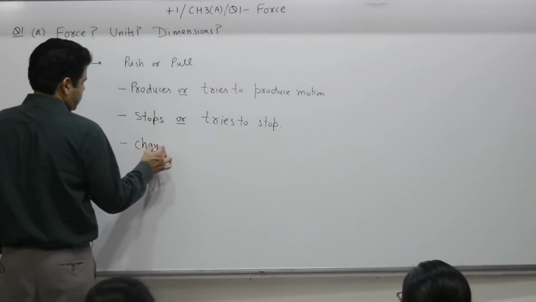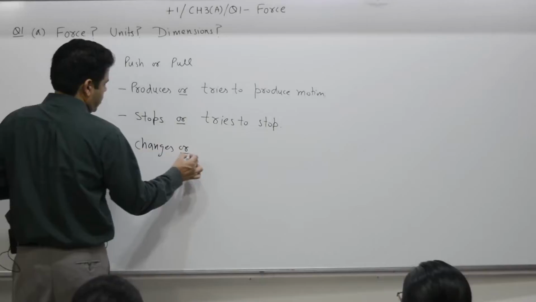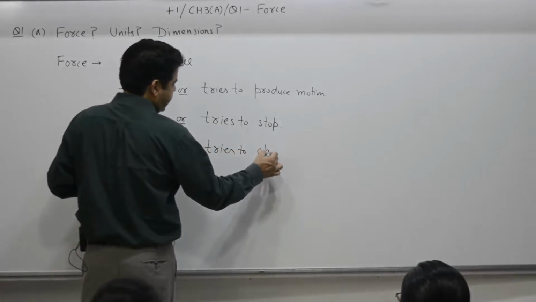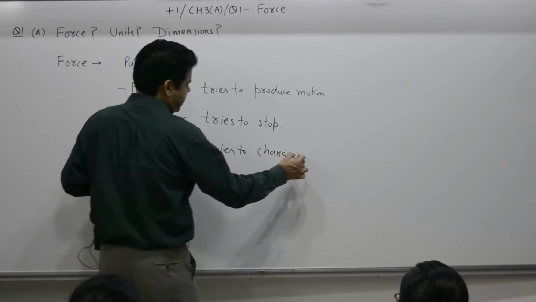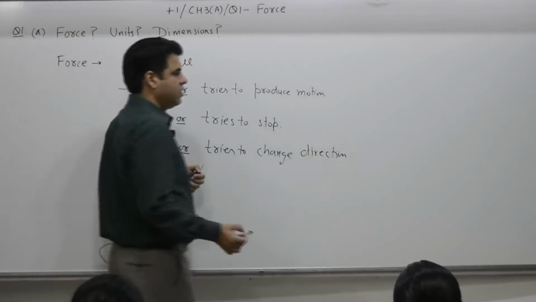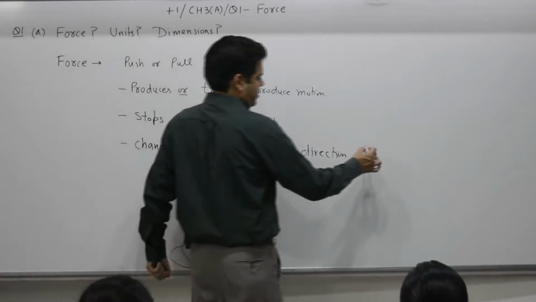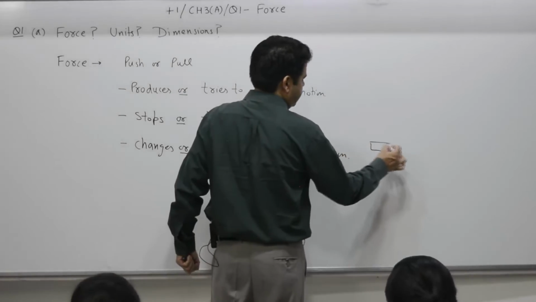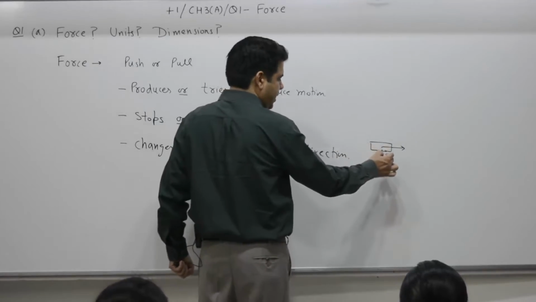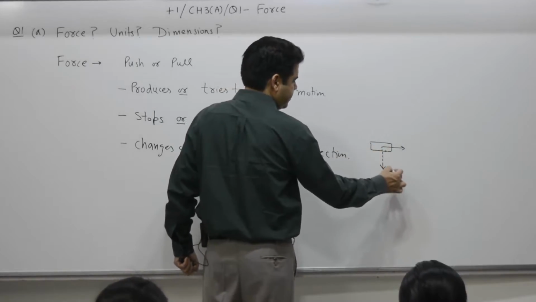Changes or tries to change what? Direction of motion. Example, if there is an object moving in one direction, you take a rope and apply a force in a perpendicular direction.